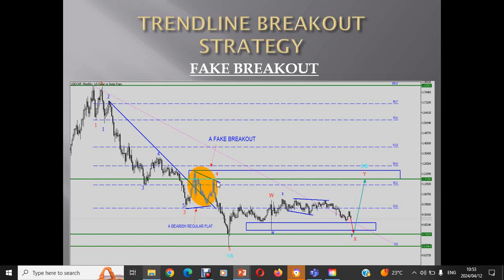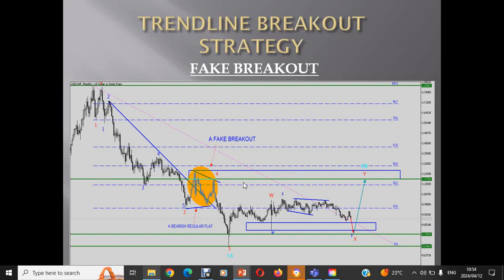So the main point here, traders, is that whenever the market forms a breakout, if the market forms reversal candlestick patterns after the breakout, you must start to see okay, even though we have the breakout, based on the candlesticks, I can say that this might be a fake breakout, because the market is forming reversal candlestick patterns.